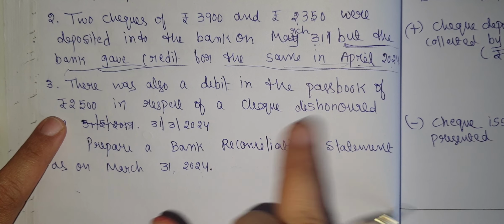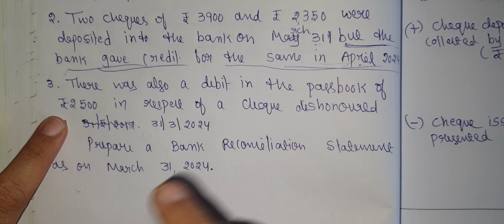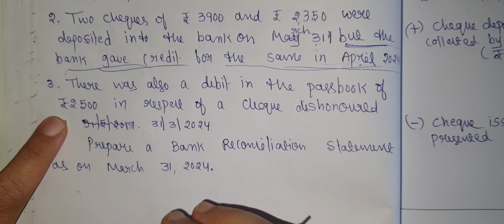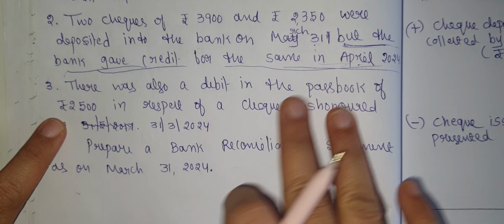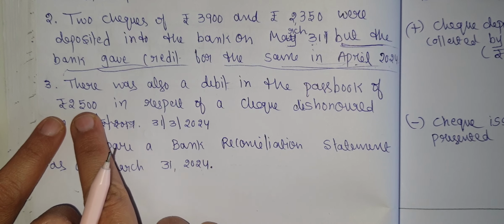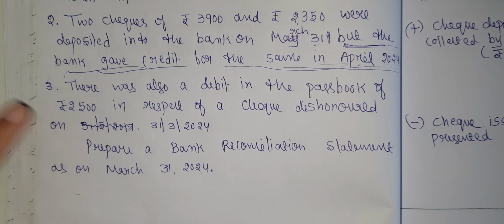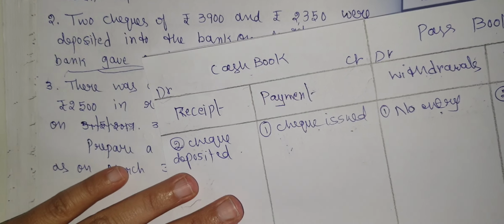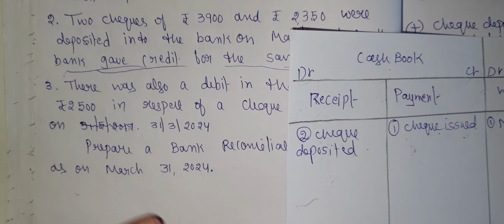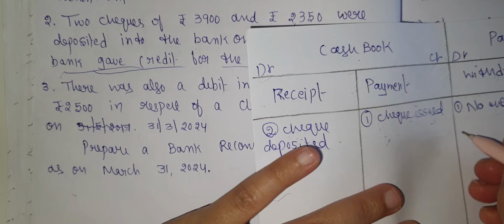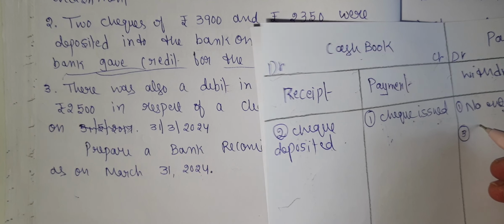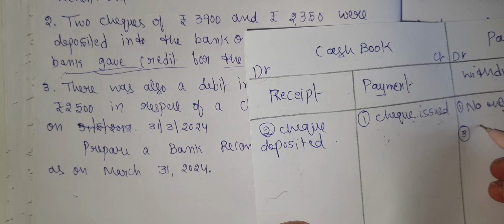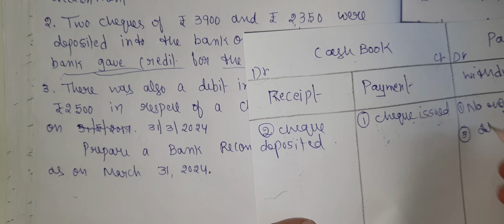In respect of check dishonored, means bank refuses to process the check due to certain reasons. Okay, so bank debited rupees 2500 in the passbook. See here, first step is record the transactions. Third one debited, that is rupees 2500 debited.